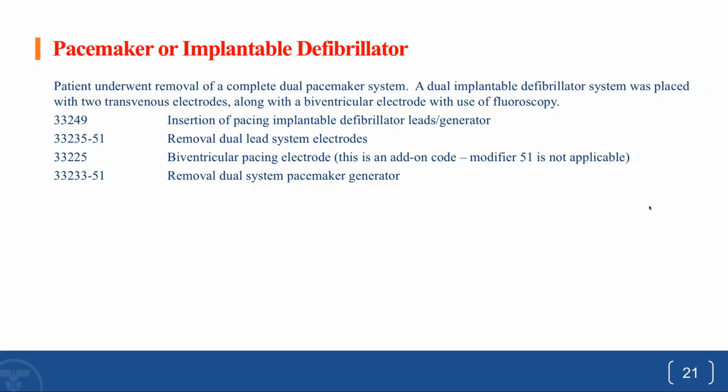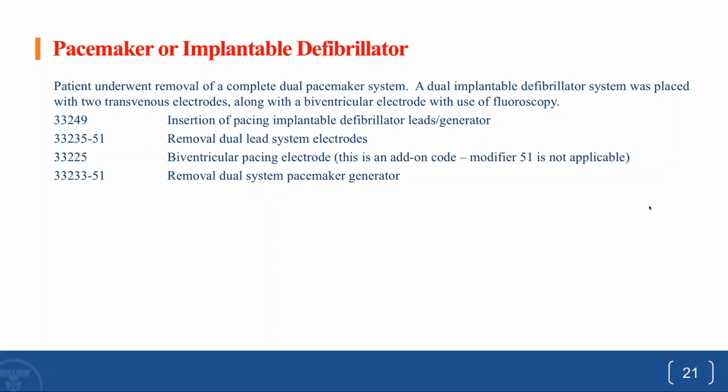So you should have for your first answer 332, because we took out the 33. So that's your generator, that's the battery, the pacemaker. And you notice it says without replacement next to it. Okay, what else was removed?